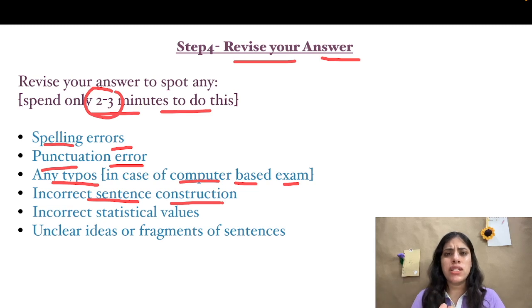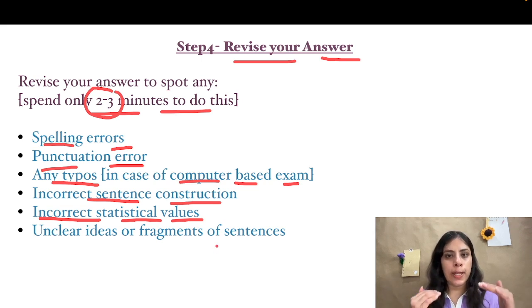If any of your sentences lack clarity, when you read them again, you'll get to know that there's something off with this sentence. So use this time to reframe the sentence as well. Then, incorrect statistical values. Do not change any statistical value or any particular number, time element, year in your summary.